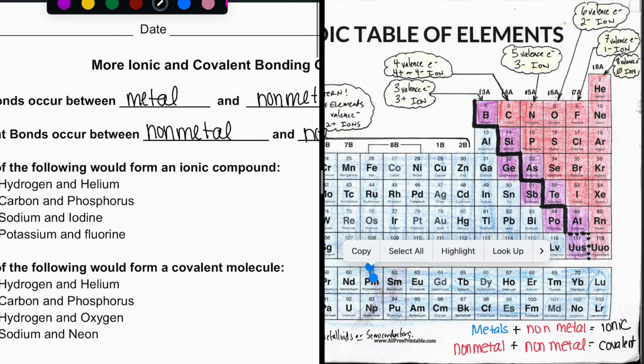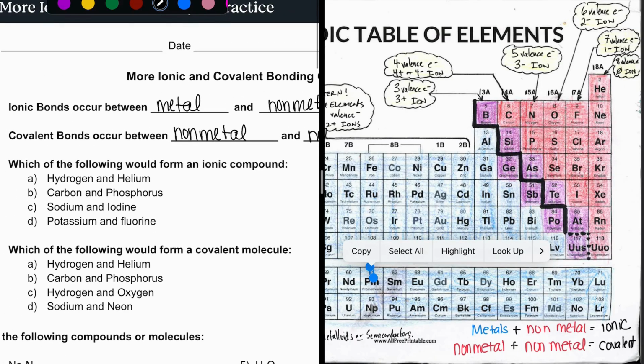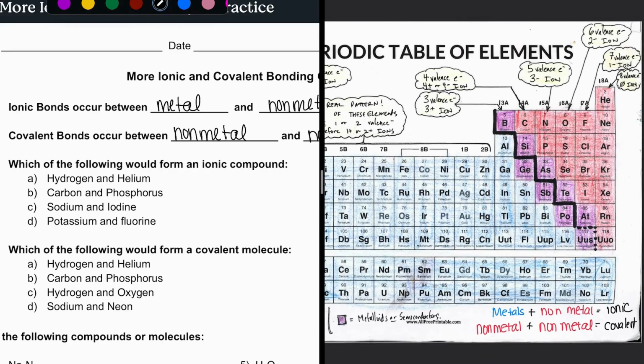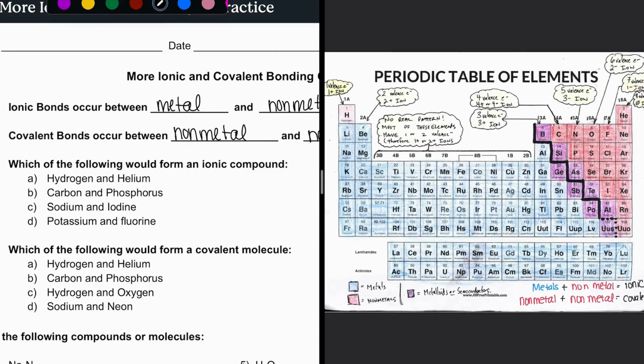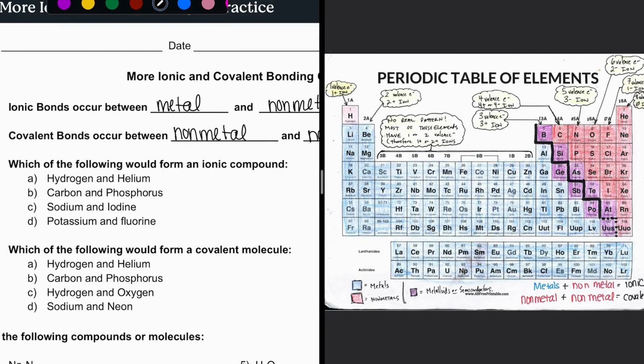Okay, the next questions are asking me, given these elements, which ones would form an ionic bond? And I'm going to just double check each pair on my periodic table here. So hydrogen and helium are both nonmetals. Carbon is a nonmetal. Phosphorus is a nonmetal. Sodium is a metal.